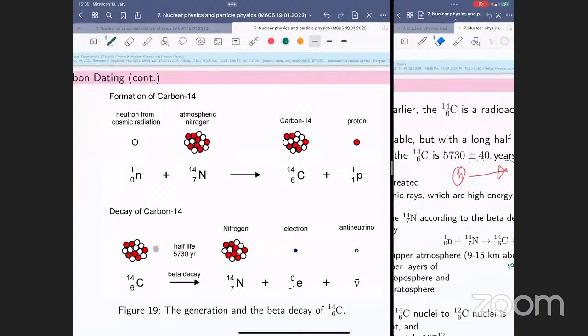Carbon 14 will change itself to become nitrogen 14, the original version, in 5,730 years. If you have two pieces of carbon 14, one remains carbon 14 and one becomes nitrogen 14. Half of it will be converted to nitrogen 14.